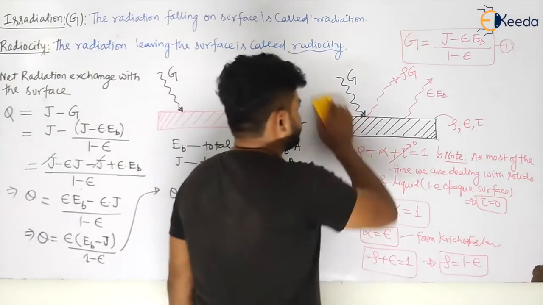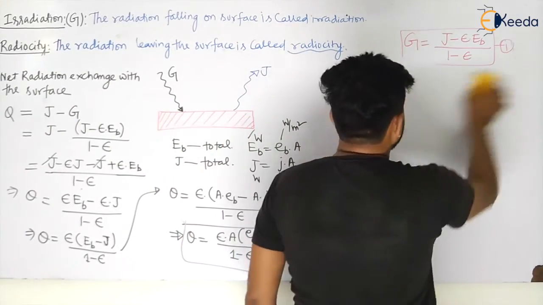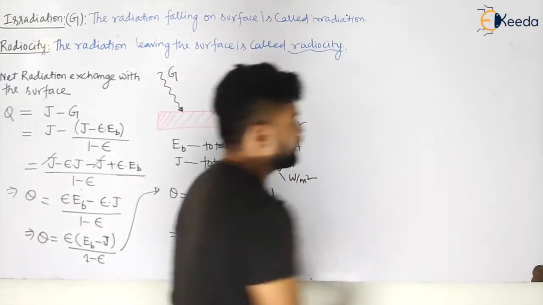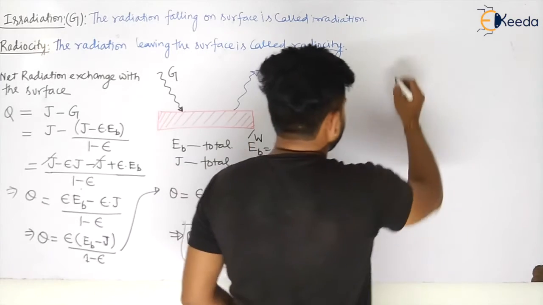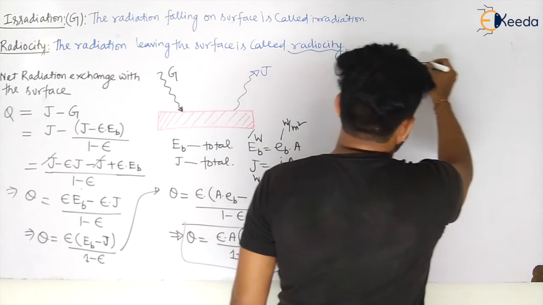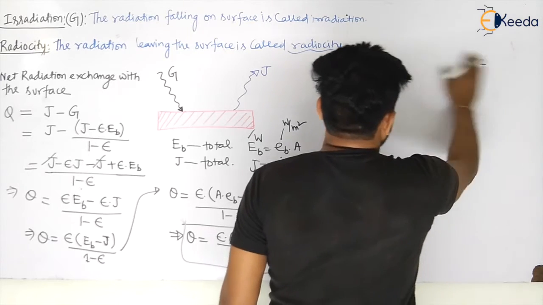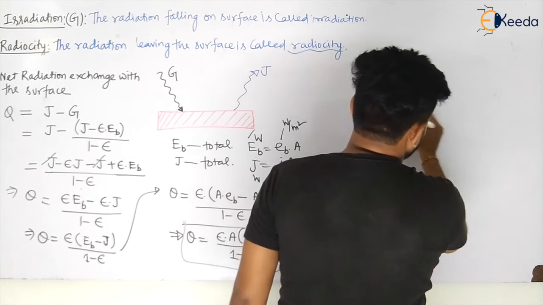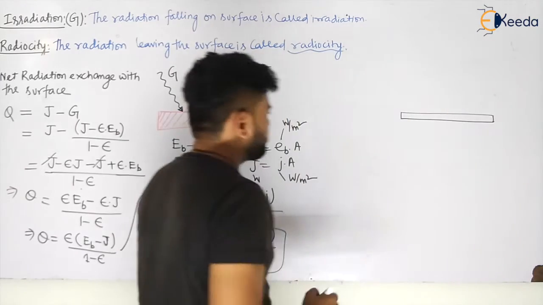So for this surface, my dear students, what it will become, let us see. Now I am having one surface only. Let us say I am having only one surface. I will take a different layer now. Let us take this surface. Okay.